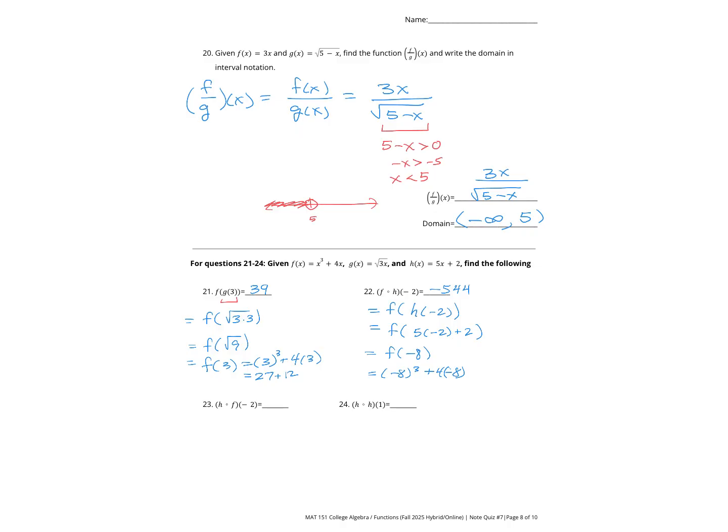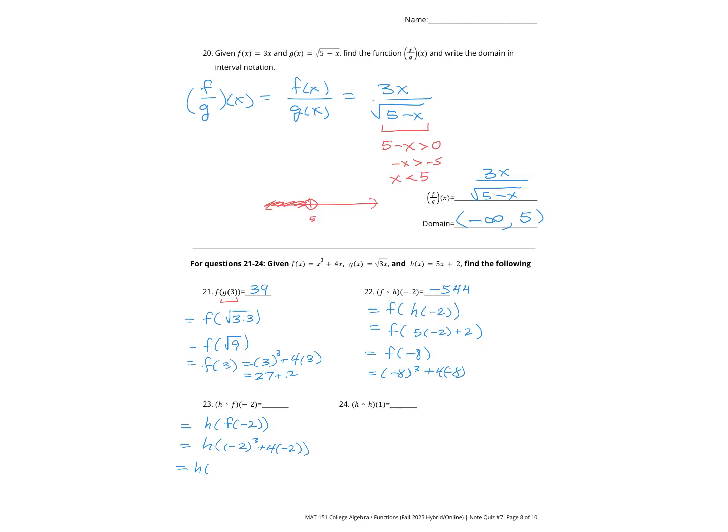All right, now down below here, we're going to continue the same process. This time around for number 23, we're going to find h of f of negative 2. You notice that the roles of the functions have been reversed, and therefore we're going to get probably a different answer. So we first calculate f of negative 2. That's a negative 2 cubed plus 4 times a negative 2.